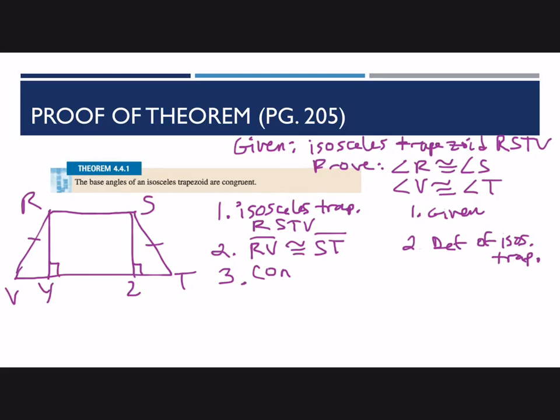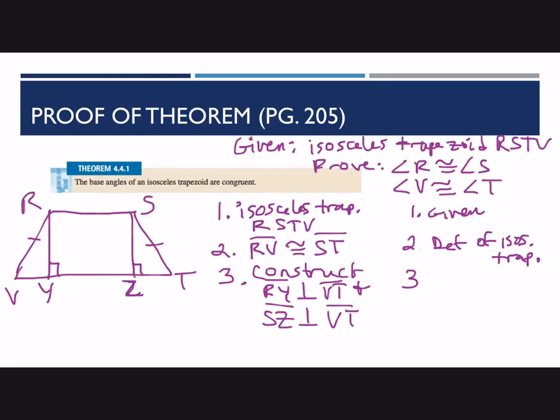Okay, so I can say that in words. Okay, construct RY perpendicular to VT and SZ, let me straighten out that Z. Okay, construct SZ perpendicular to VT.